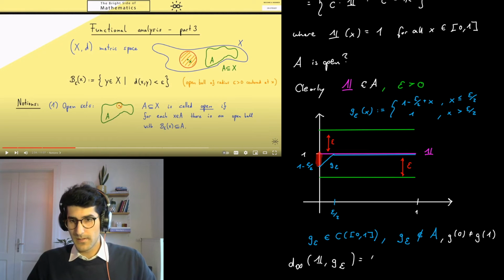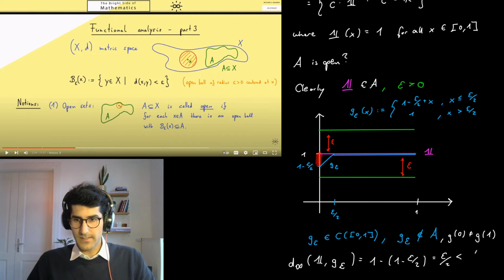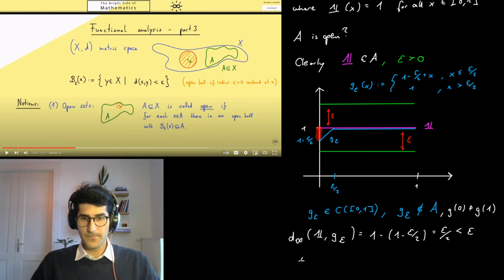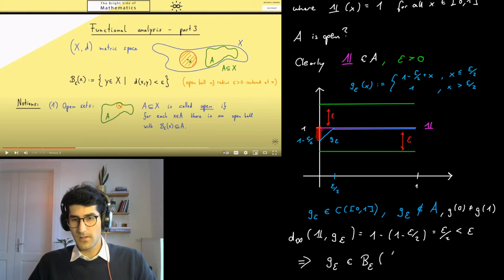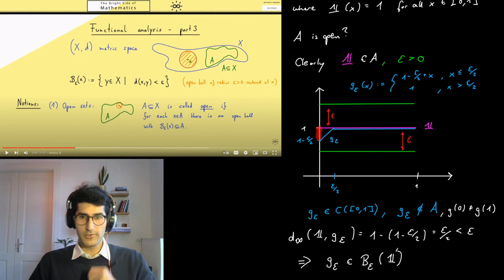So the distance is 1 minus epsilon halves, which gives me epsilon over 2. And this is strictly smaller than epsilon, of course. In conclusion, this tells me that g epsilon is an element of the epsilon ball around the constant 1 function.